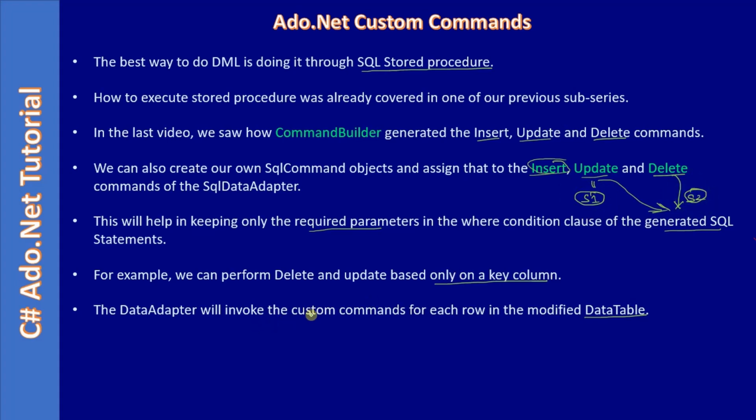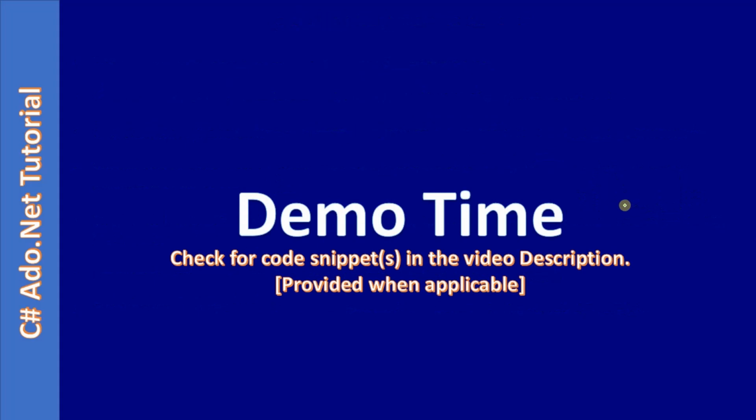Whenever the user modifies a column, it will invoke S1, and when the user deletes some rows in the data table and clicks update, the S2 command will be invoked for each row. Alright, now let's go to the demo and see how this is working.